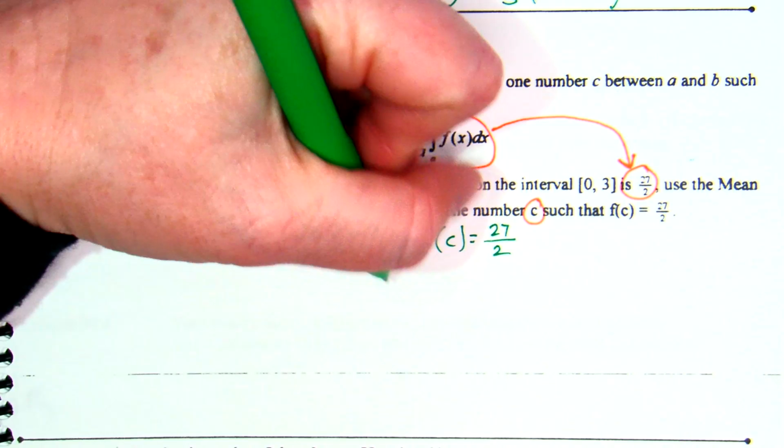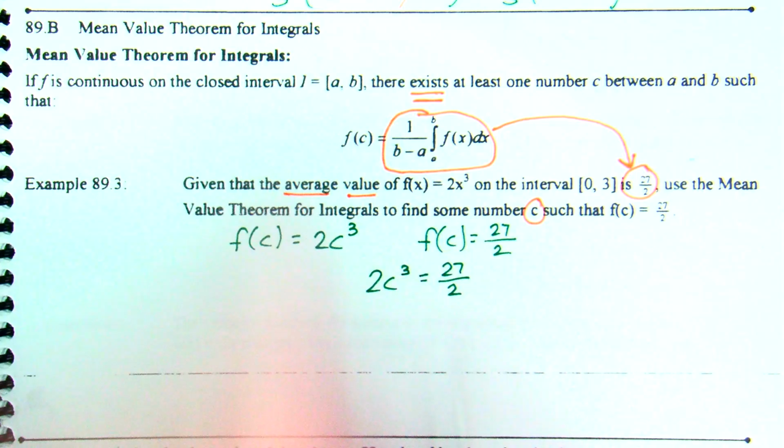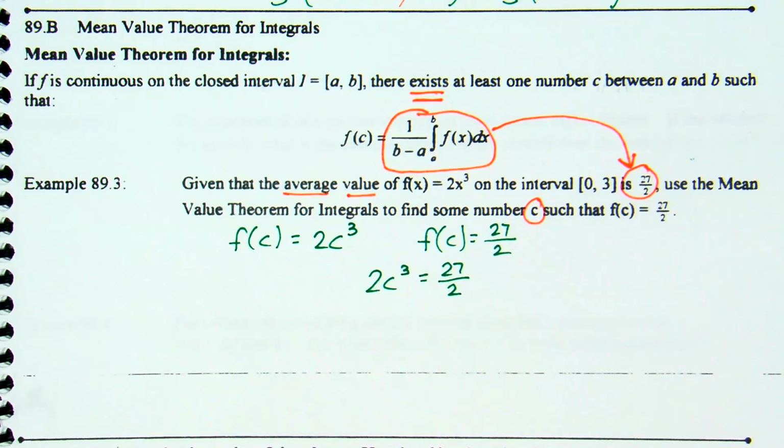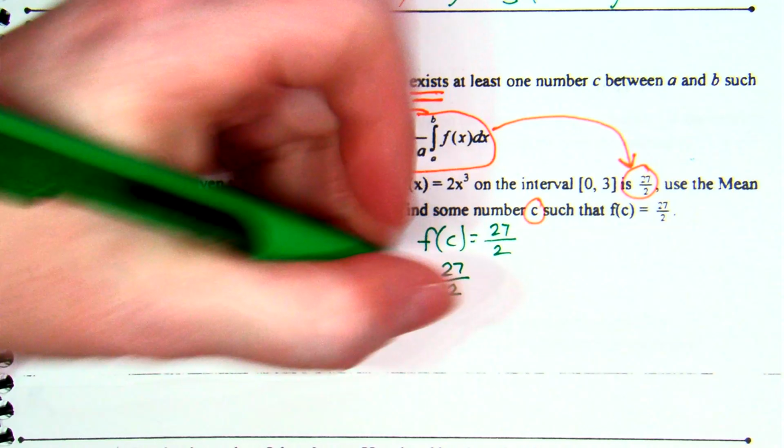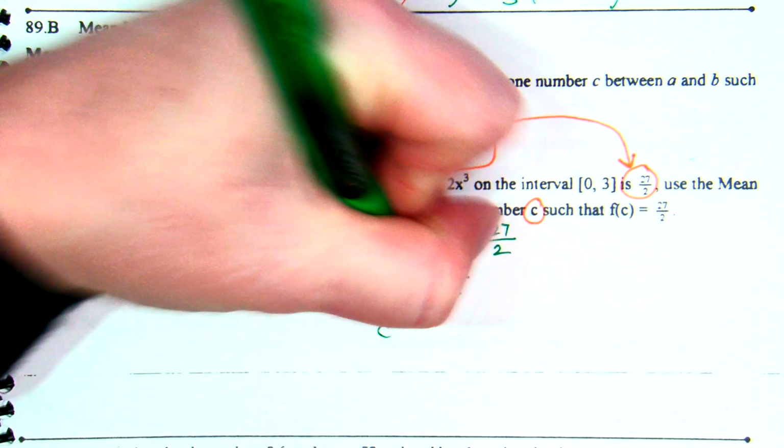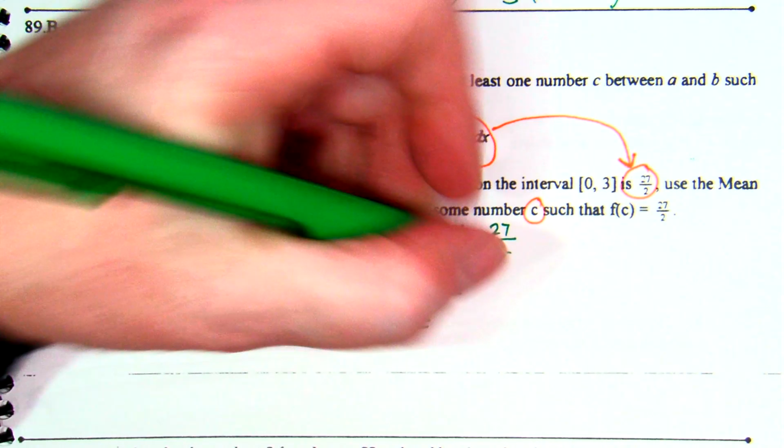If f of c is 2c cubed, and f of c is also 27 halves, then do algebra with it. 2c cubed equals 27 halves.